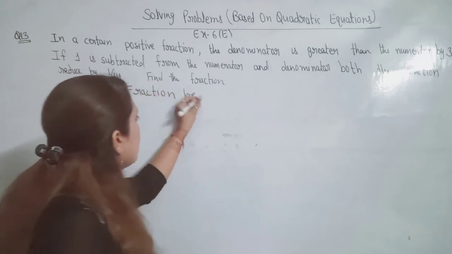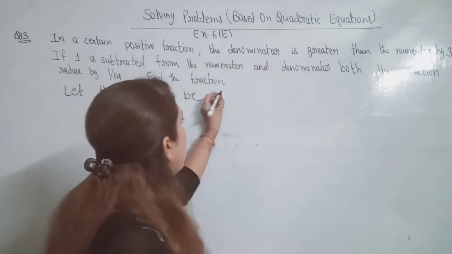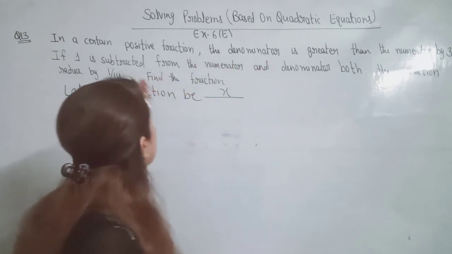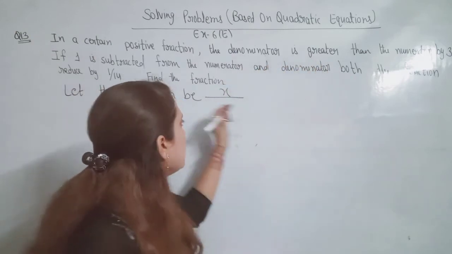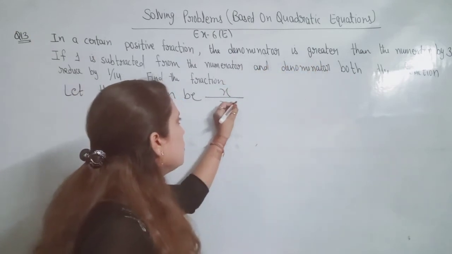So first we let the fraction be numerator x, and the denominator is greater than the numerator by 3, so x plus 3.